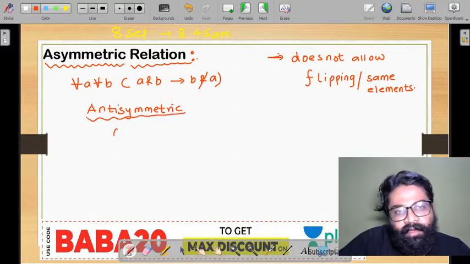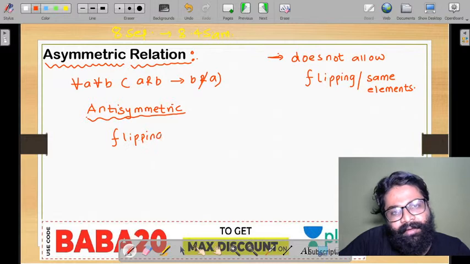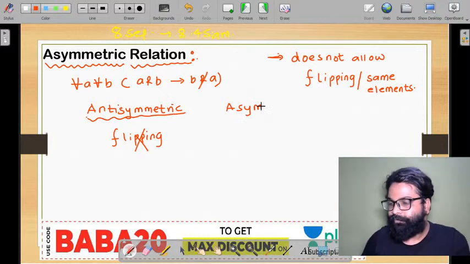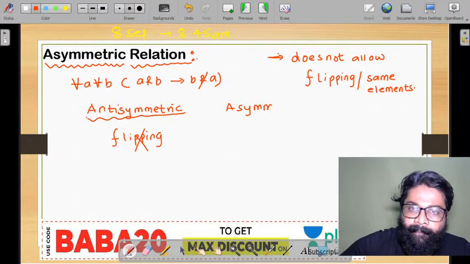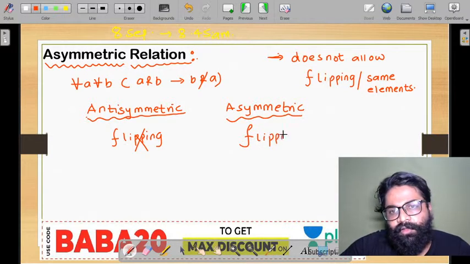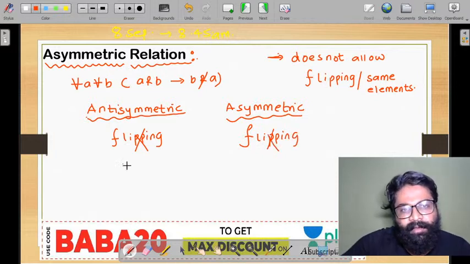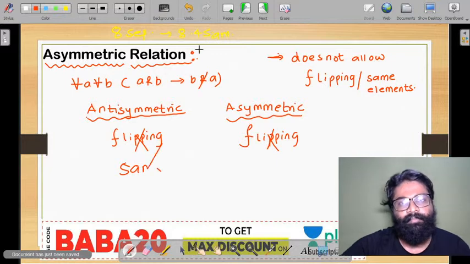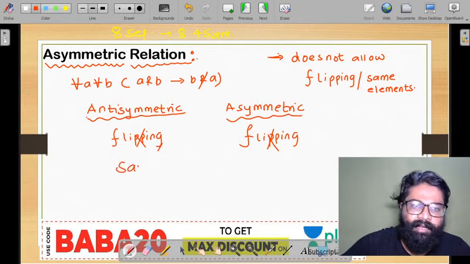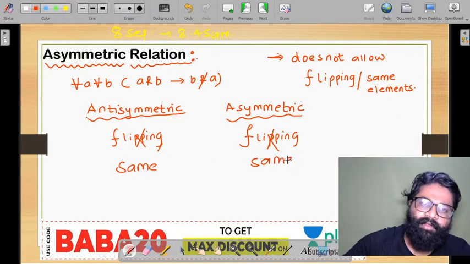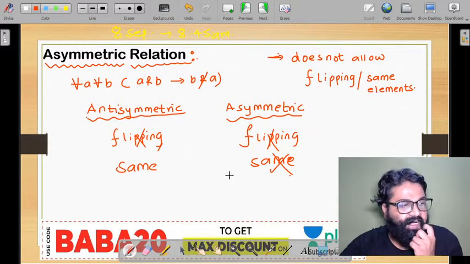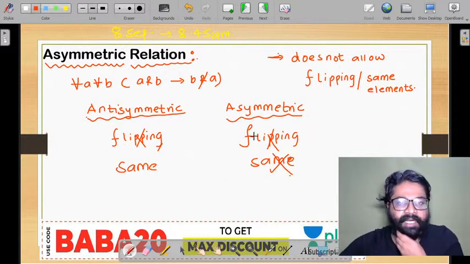Yes, ये flipping allow नहीं करता बेटा। Asymmetric also does not allow the flipping, but anti-symmetric allows the same element, while here, in asymmetric, it does not allow the same element. That is a clear difference between the anti-symmetric and asymmetric relations.